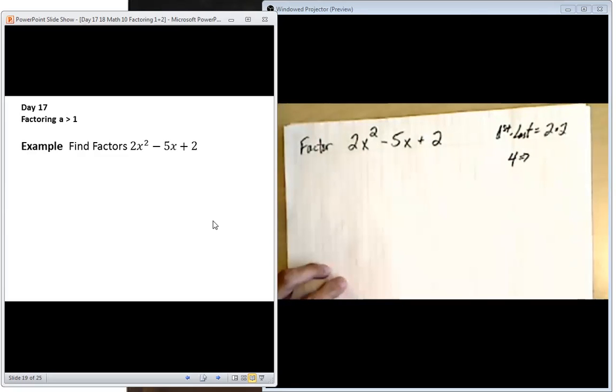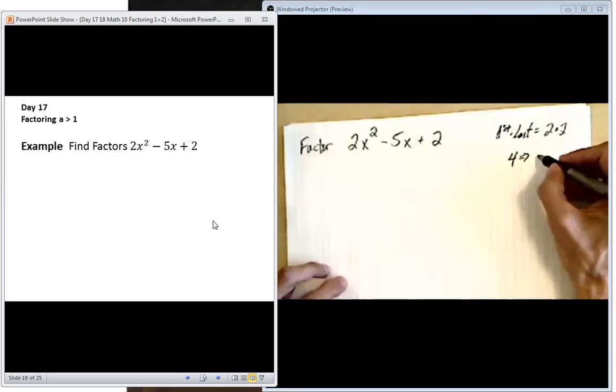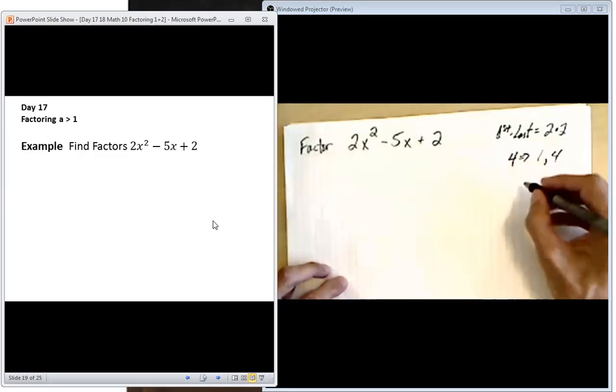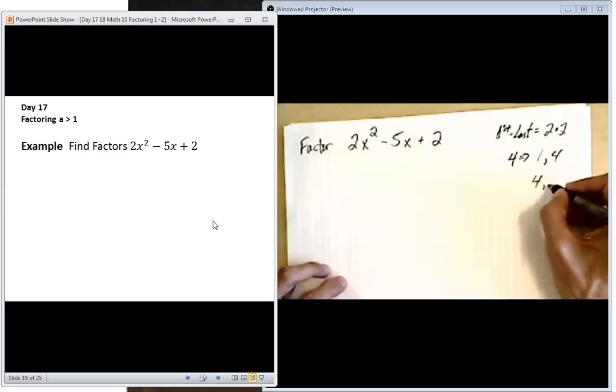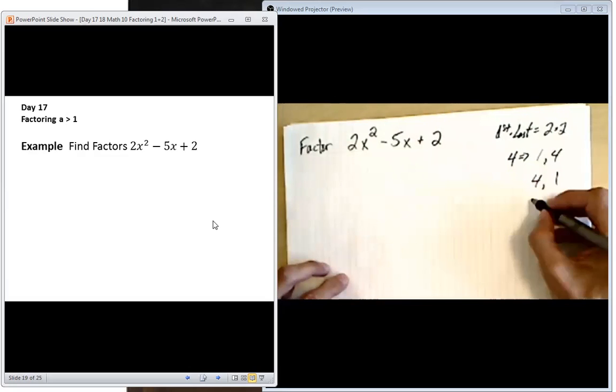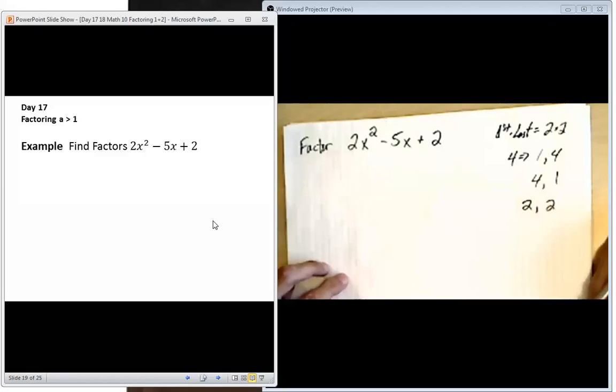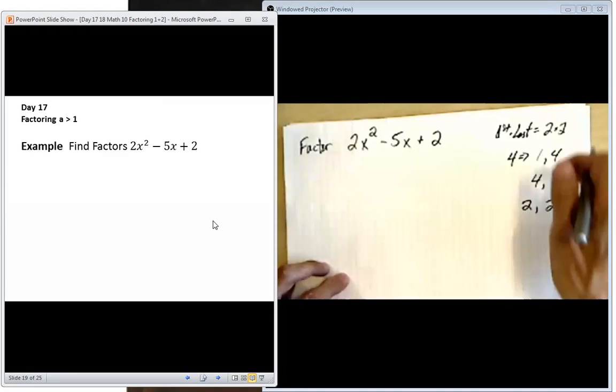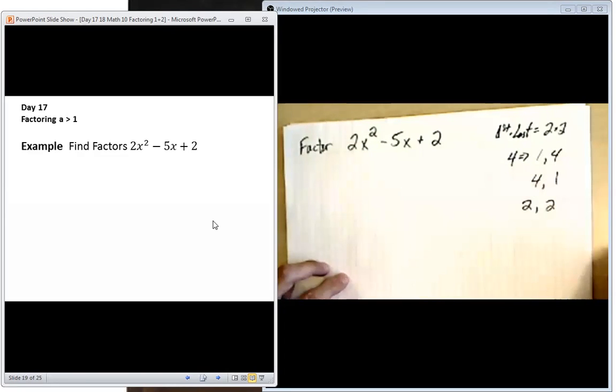So 1 times what? 1 times 4, right? 4 times 1? Yeah, counts as the same thing. 2 times 2, that's right. Same thing, right? We have our minuses as well, though, because we get a plus 4.